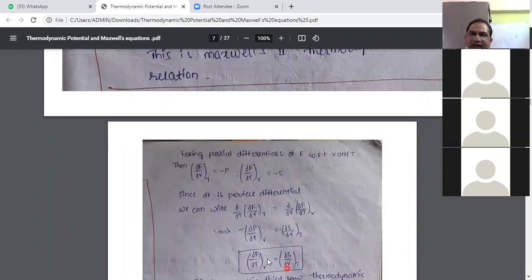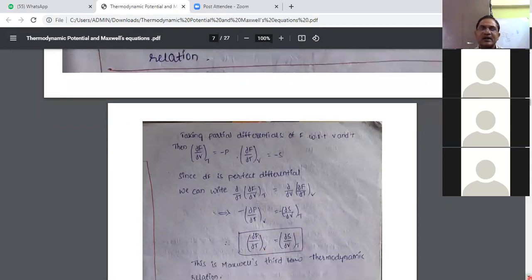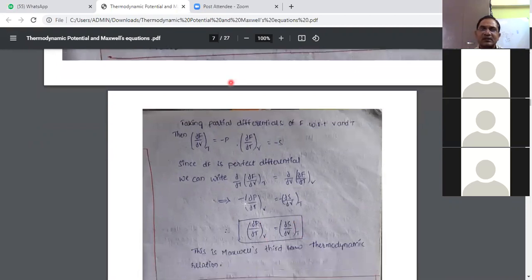Then finally we have the equation ∂P/∂T at constant V equals ∂S/∂V at constant T. So this is the Maxwell third thermodynamic relation.